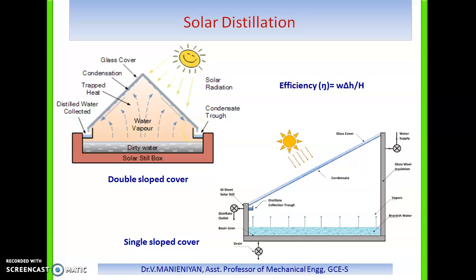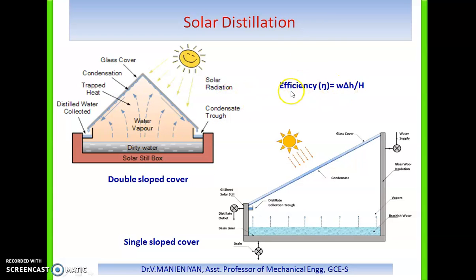There are numerous configurations of basin type units, but the basic theories are the same for the entire type of distillation unit. The product is lower than other types of solar equipment. The operating efficiency is up to 30 to 50% of the basin type solar efficiency.